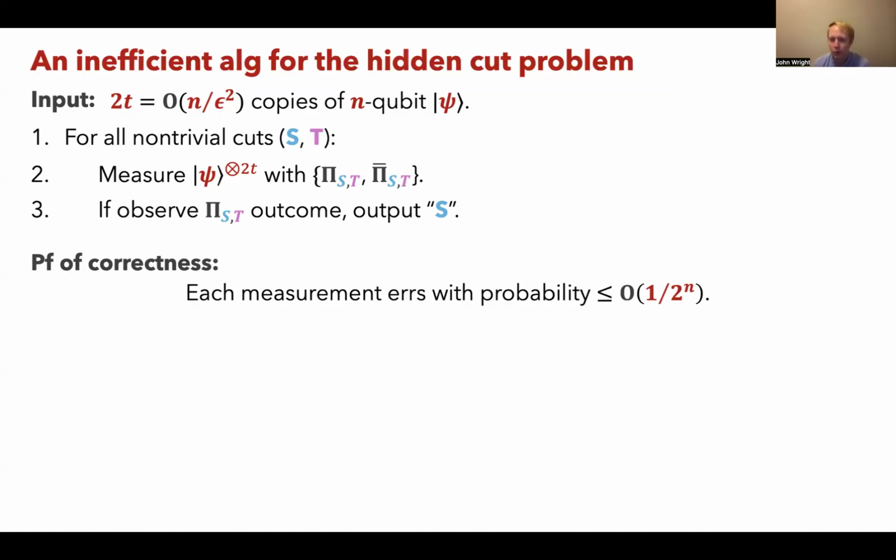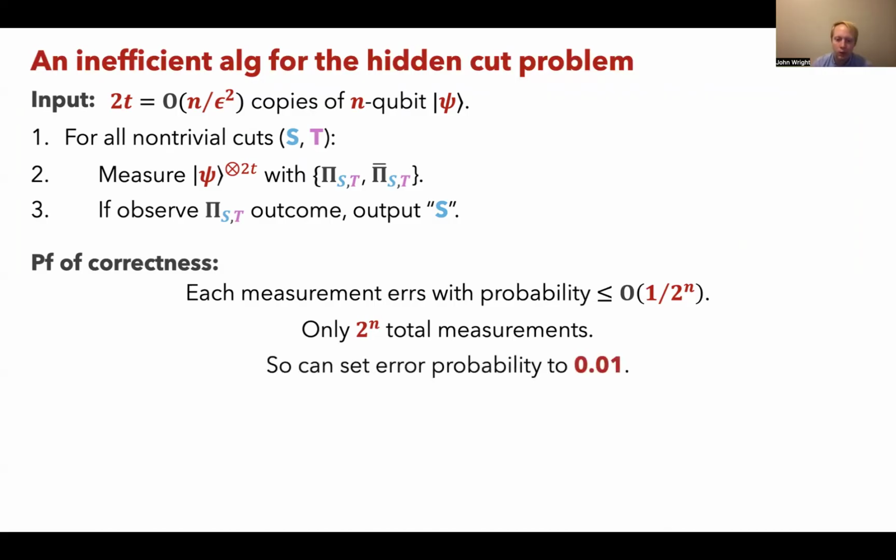So in both cases, you err with probability at most 1 over 2 to the n. Now, there are only 2 to the n total measurements you're performing. So just by a union bound, if we multiply this 2 to the n by order 1 over 2 to the n, we can make it so that the total error probability is at most some small constant, like 0.01.